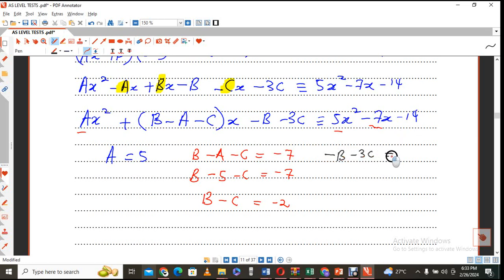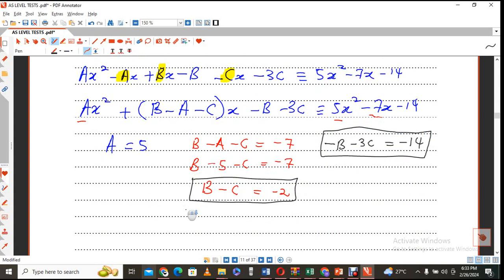Well, that equals negative 14 that you have over there. Of course, once you're here, I can leave it like that. So I can take this equation and this equation, and I can solve them simultaneously in order for me to find b and c.